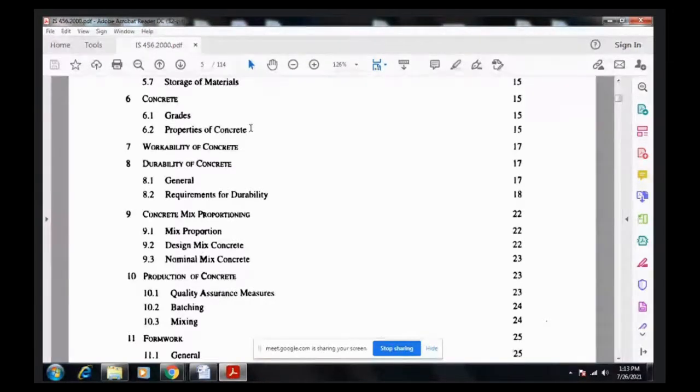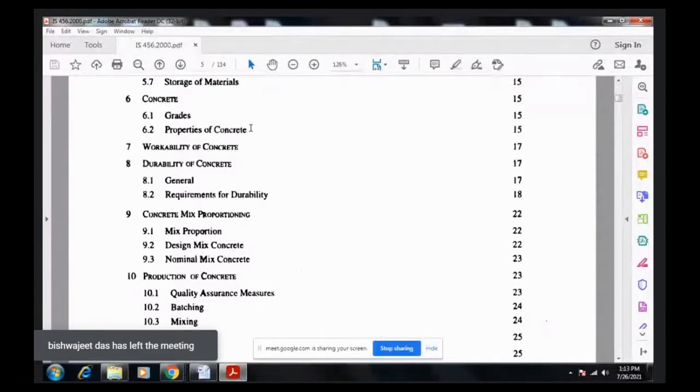And after we got a very good certificate from the quality department, then we allowed those girders to be launched at the site.